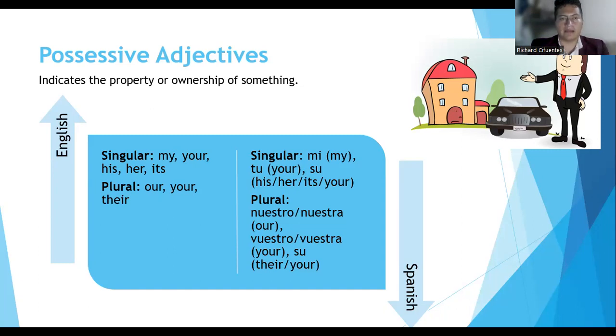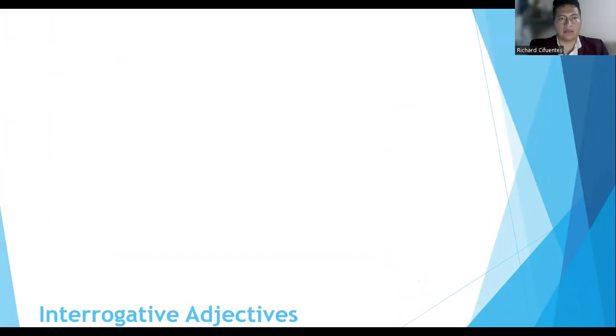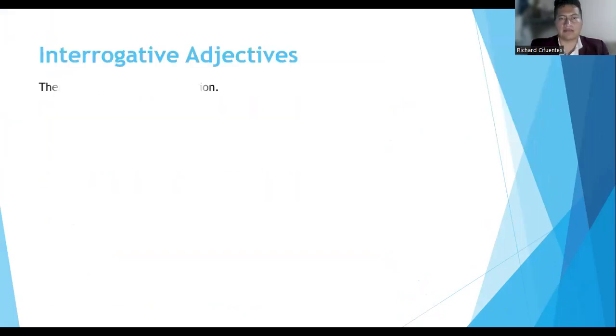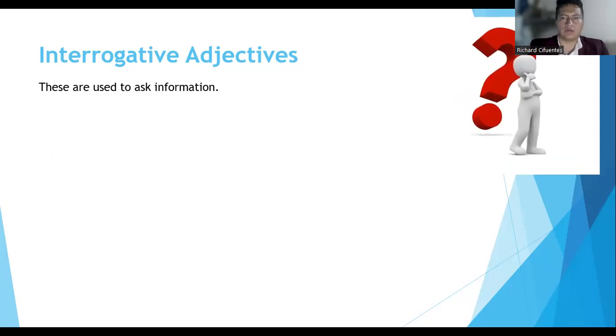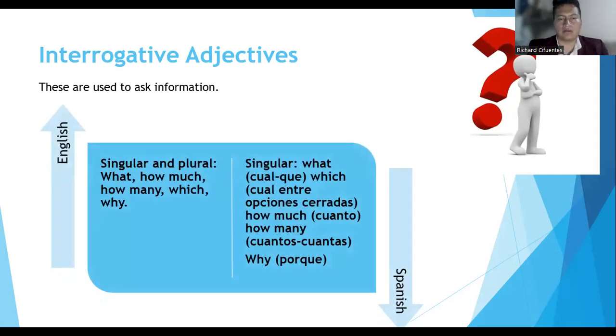Okay. Let's continue. The next one is interrogative adjectives. Those are used to ask something. Okay, those are words probably related with a question, but not exactly the word. I found that the words what, how much, how many, which, and why are common interrogative adjectives. Okay, in Spanish they are used similarly.